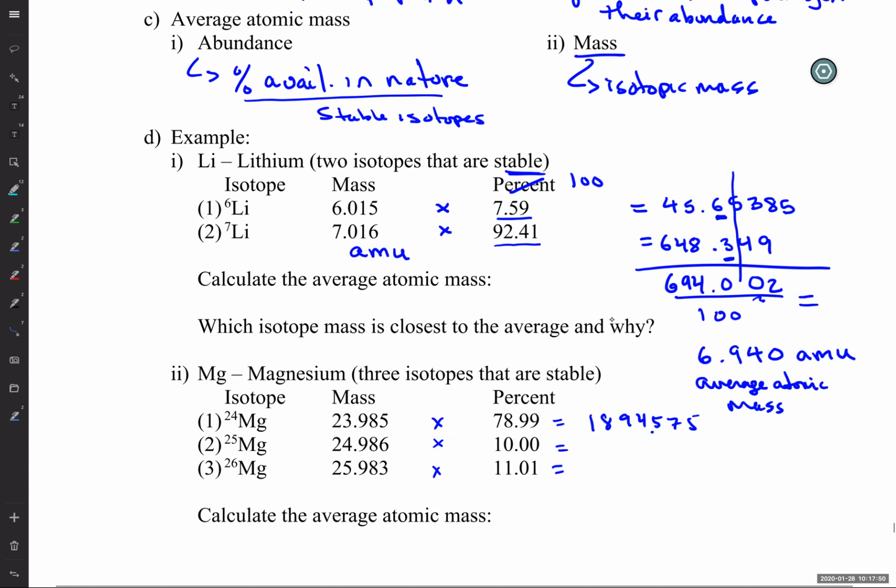Well, I shouldn't have done that one. That's 249. I broke the tip of this pen.